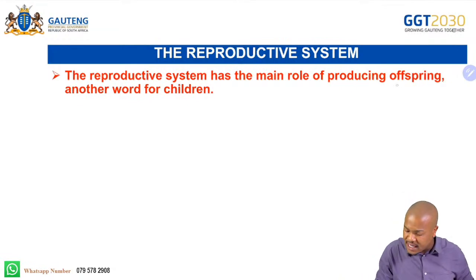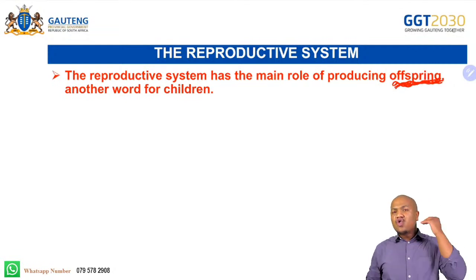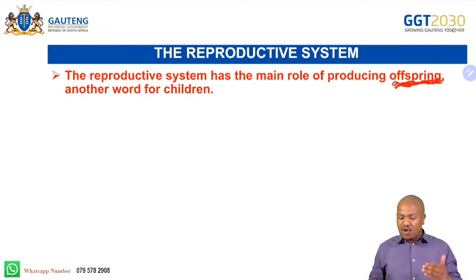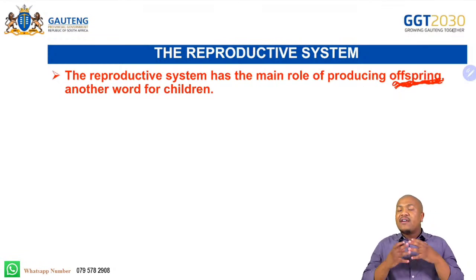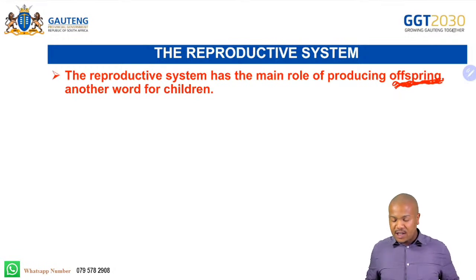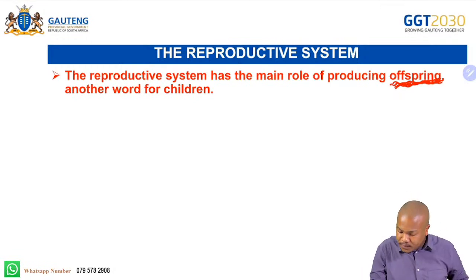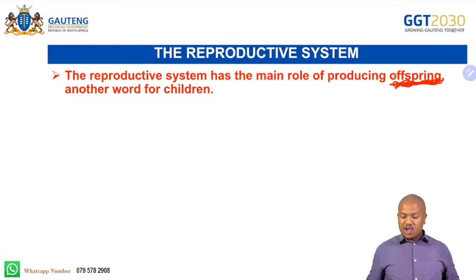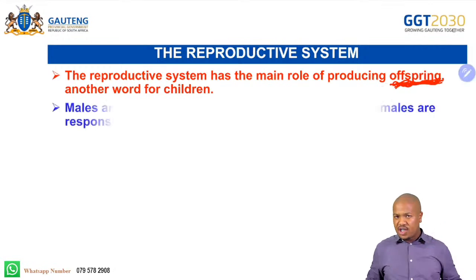I'll keep on emphasizing this, so that we know the main purpose of the human reproductive system. Its role is to ensure the production of offspring, to ensure the survival of human beings, the continuation of the human species.